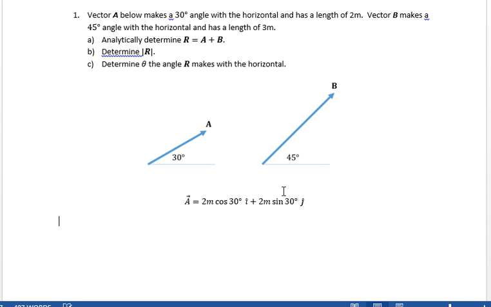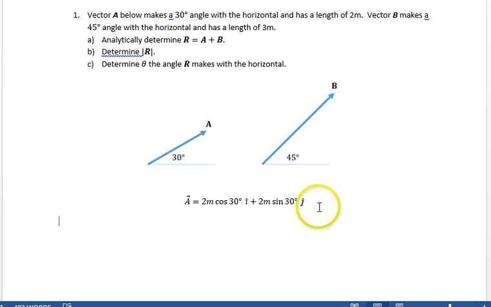Is that clear? A is a combination of two components, the component in x plus the component in y. Those two pieces make up A, and they are determined from 2 meters times the cosine of the angle in the I direction, plus 2 meters times the sine of the angle in the j direction, right?